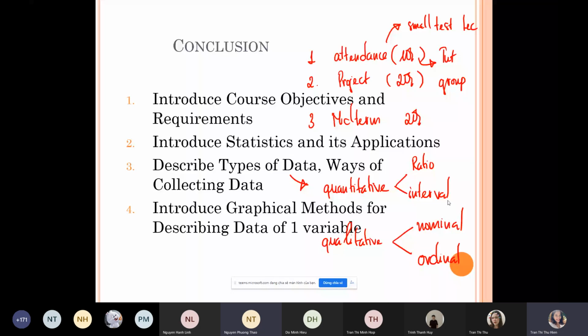When I ask you to count the number of cars in rush hour in Hanoi, for example, what kind of data is it? Quantitative. And what kind of scale?